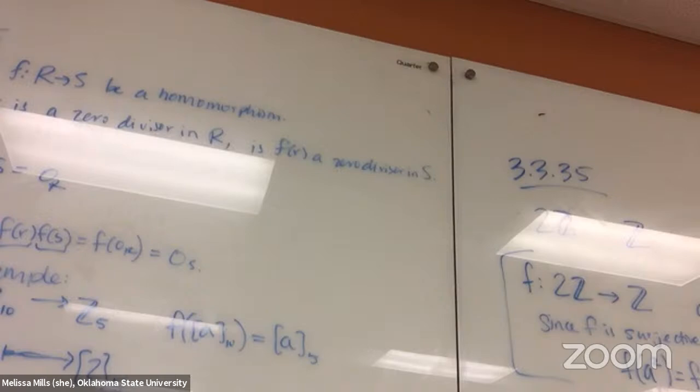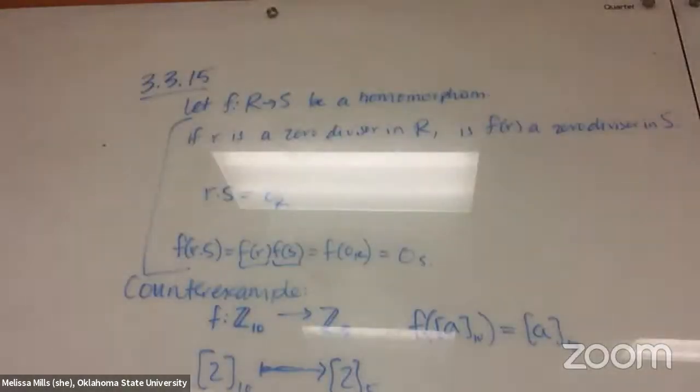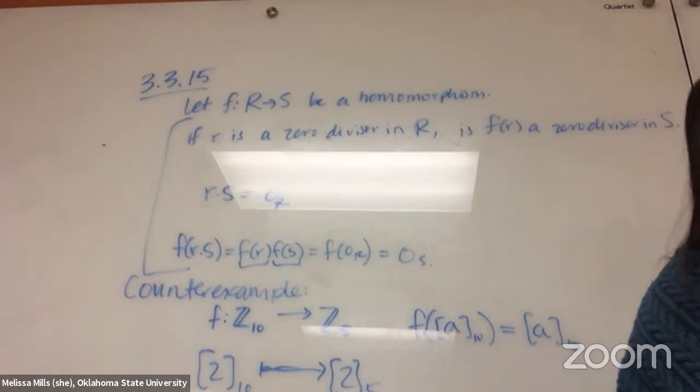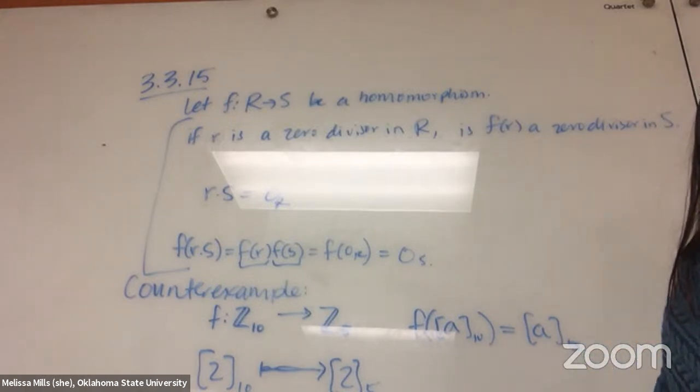So I did f from R cross S to S. Okay. Oh yeah. You utilized what we were showing before, that you can get zero divisors in Cartesian products. So yours was f from R cross S to S. And what was your mapping? Well, it was f(r, s) equals s. Yeah, so you just ignore the first one. Yeah.